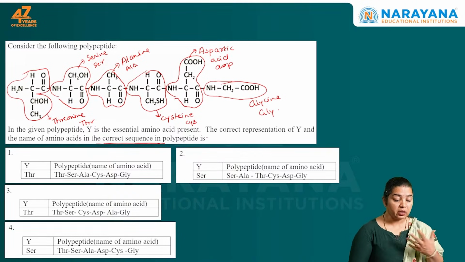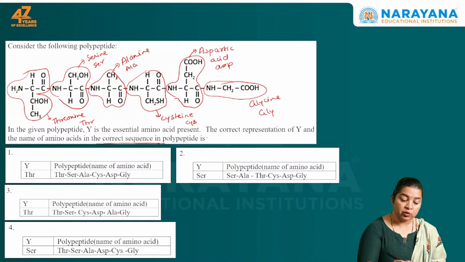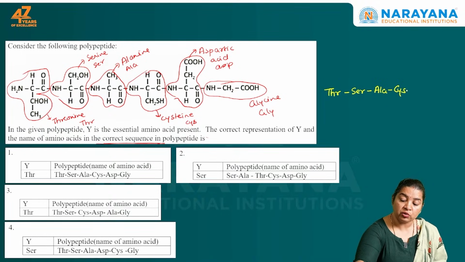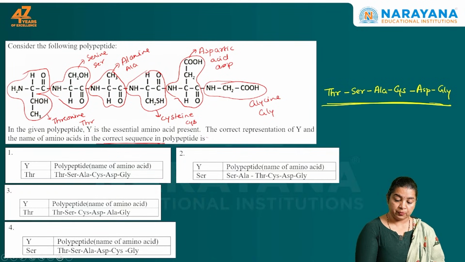Now, let us go to the options in the given polypeptide chain. So, what we are looking for now is threonine bonded to serine, then to alanine, then to cysteine, then to aspartic acid, then to glycine. This sequence we are looking for in the options. Okay.